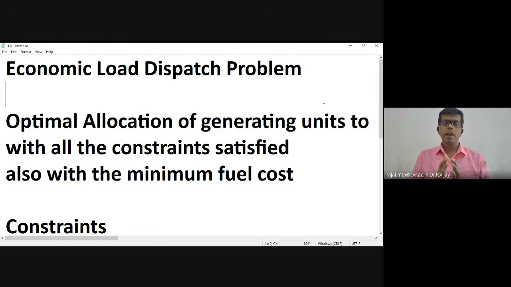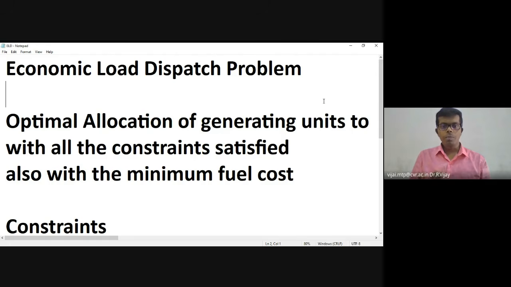So how to define this economic load dispatch problem? Already we have seen enough about optimization techniques. In that, every problem has its own objective function as well as constraints, that we have seen in our previous classes. So the economic load dispatch problem also has an objective function as well as constraints.